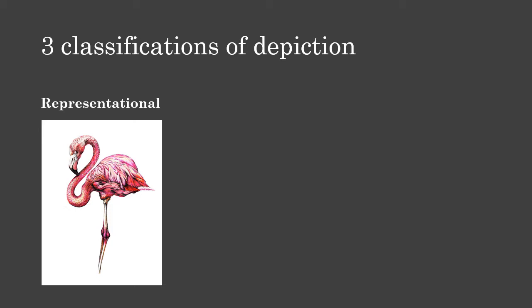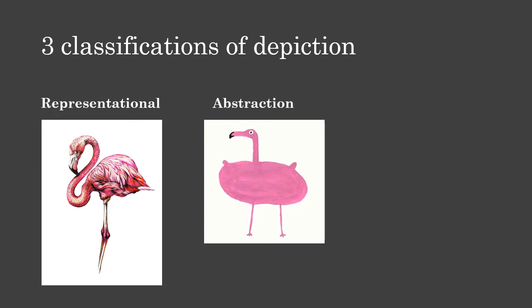So representational, the image depicts something in nature. A viewer can look at the image and know what it is representing, okay? The next type of classification of depiction would be abstraction.